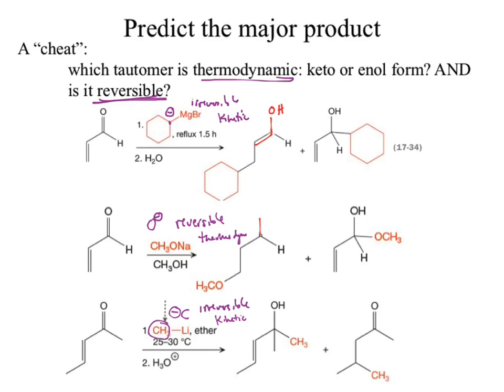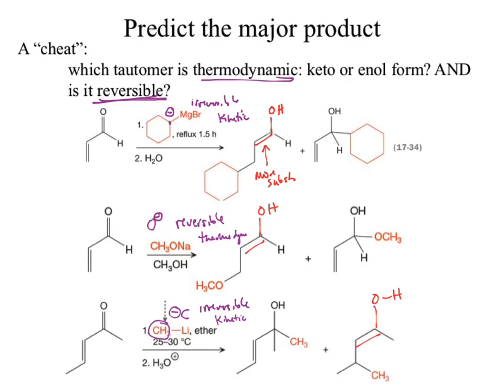So if we clean that up and take our carbonyl and make sure that it's drawn out now so that we can do a fair comparison. In the first one, which is our more stable product, left or right? The left, because more substituted.